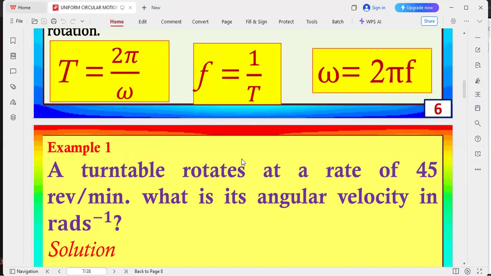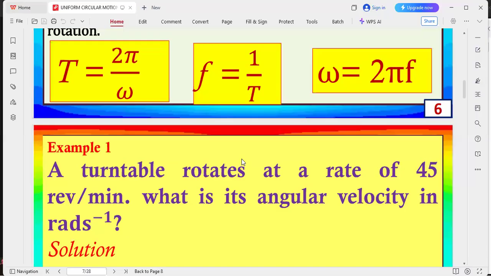Some of them are used by DJs to mix the music and all that. It rotates at a rate of 45 revolutions per minute. 45 revolutions per minute can give us either periodic time or frequency. What is its angular velocity?